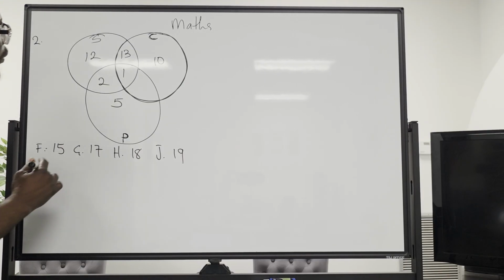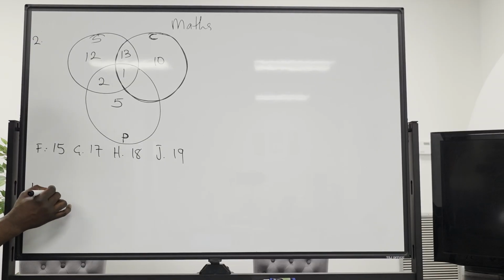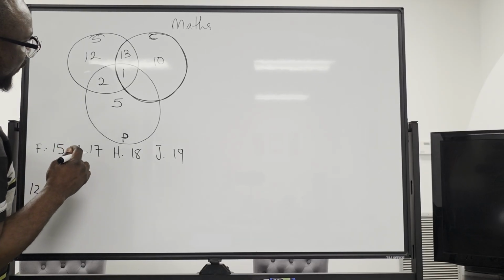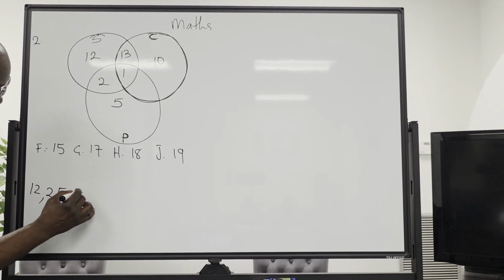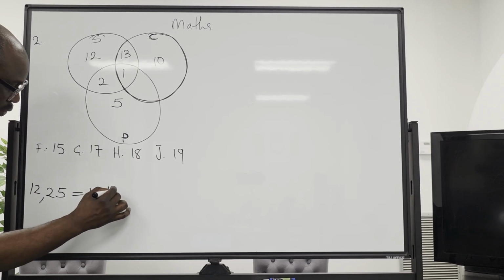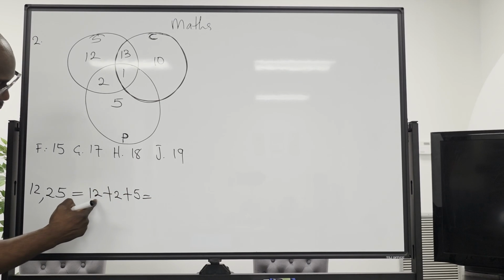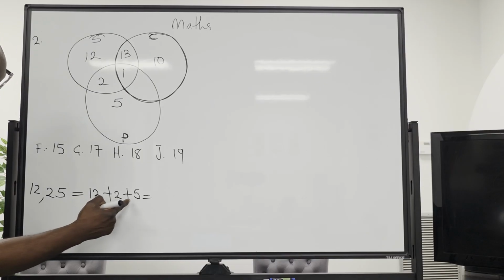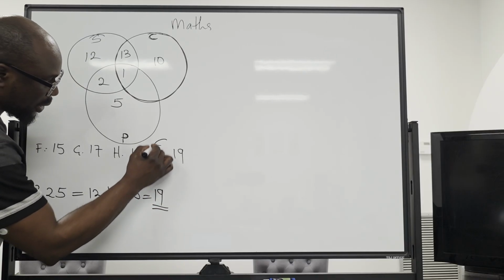We also have 2 outside, and we have 5, which is also outside. So if you add these 3 numbers together, 12 plus 2 plus 5, the answer is 14, and 14 plus 5 is 19. So our answer is 19.